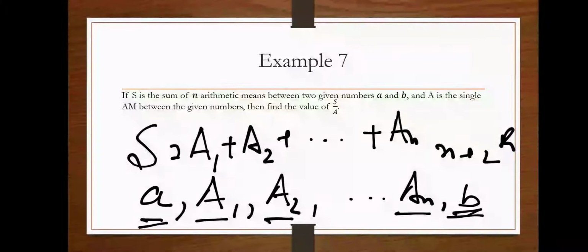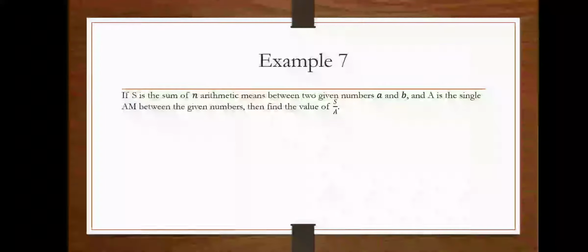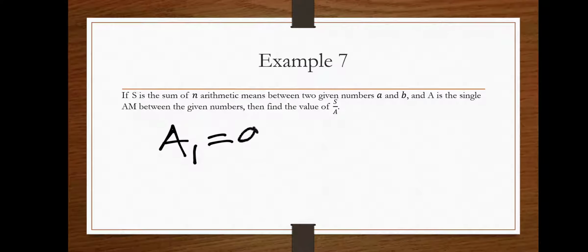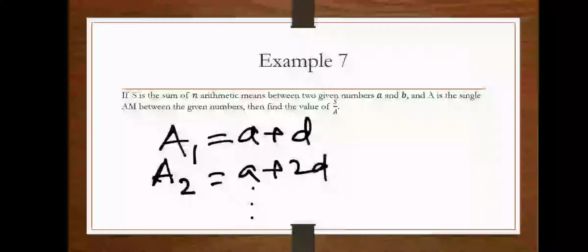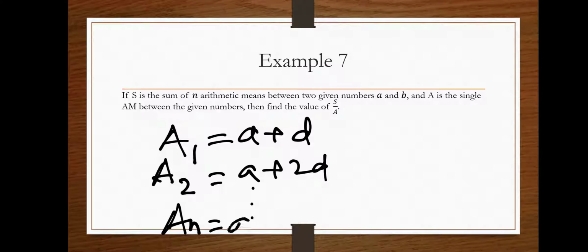And following that, a1 was basically a plus d, a2 was basically a plus 2d, and so on till an was basically a plus nd. So all these things I hope you remember from the previous class.